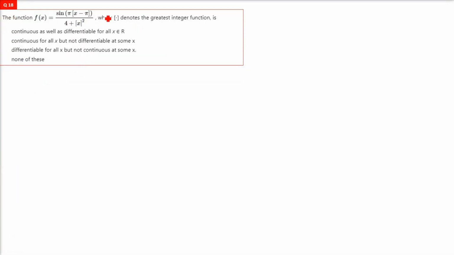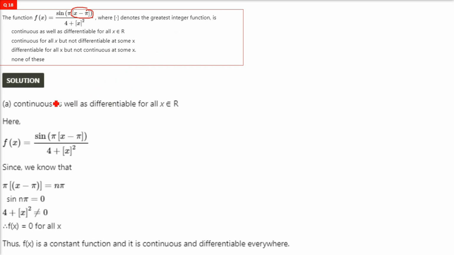This function: see, x minus pi, this is a greatest integer function, and the greatest integer function always gives you the floor value. And we have already talked about sine theta and a constant function. We know that both are continuous and differentiable everywhere, but let's see where they are not, or whether they will be continuous and differentiable.